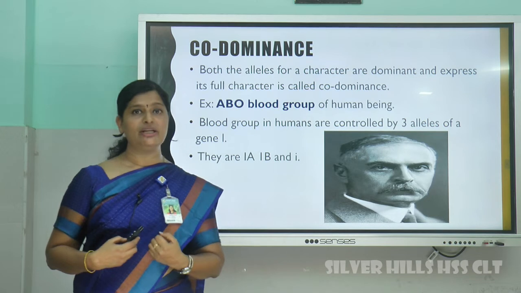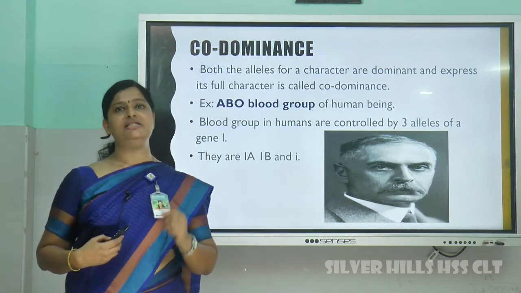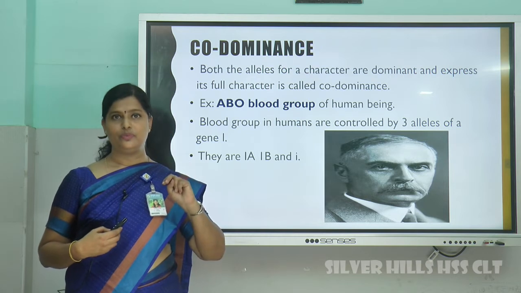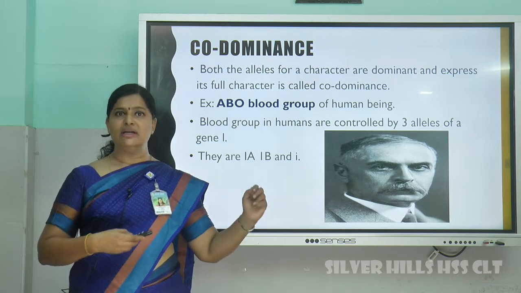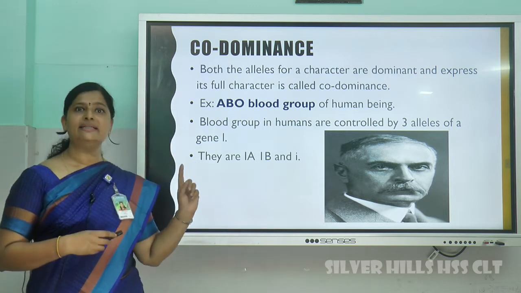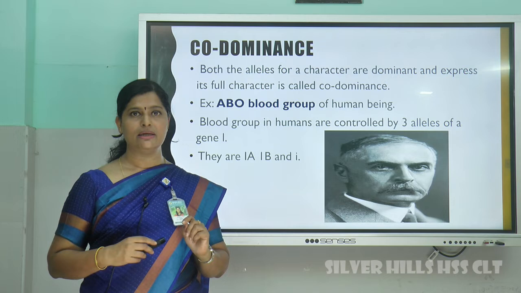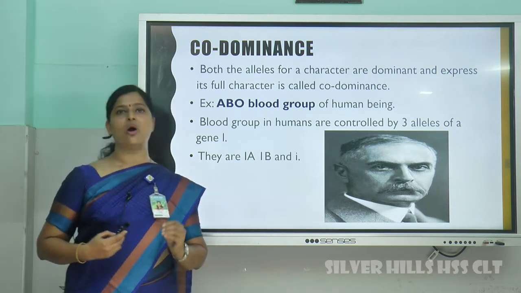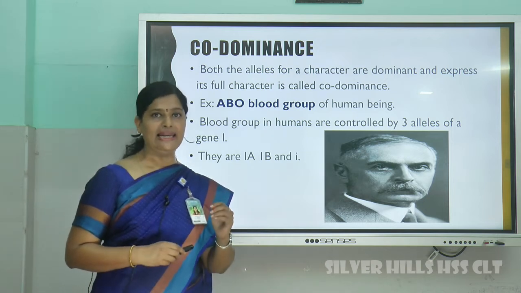And what is the peculiarity of this gene? This gene has 3 alleles instead of 2. Till now we have learned that a gene has 2 alleles. Here it has 3 alleles. So it's an example of another phenomenon called multiple allelism.